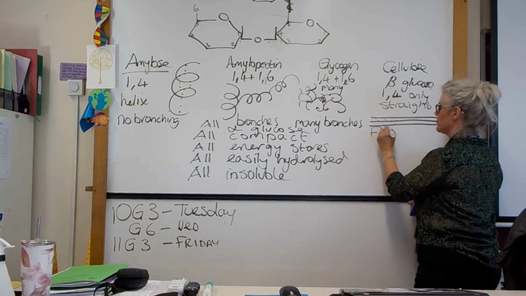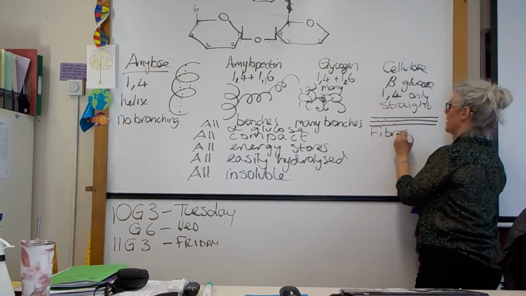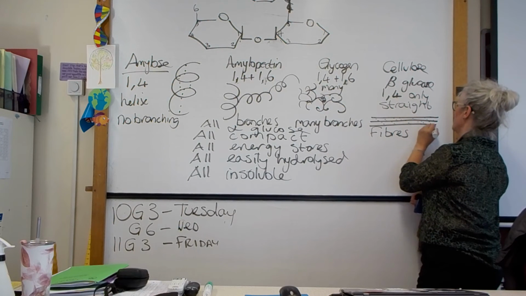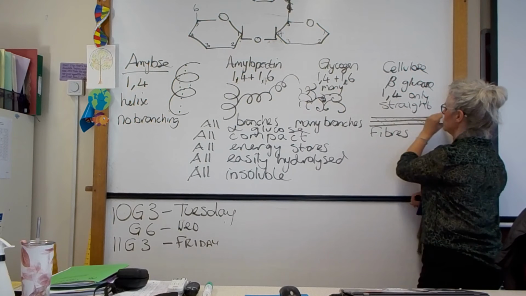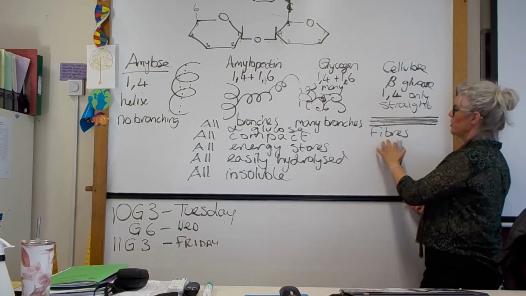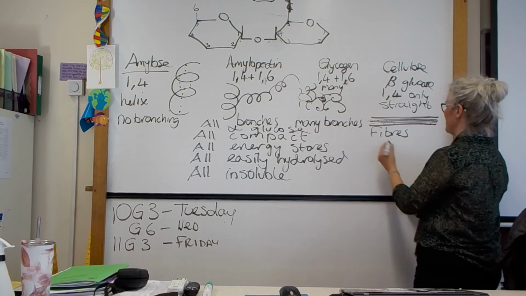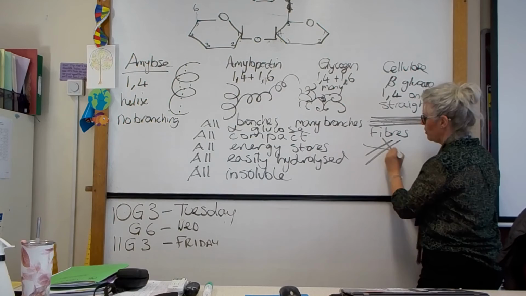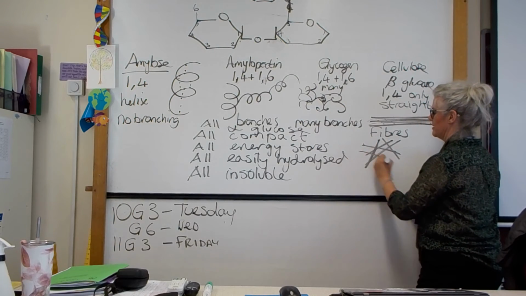So it forms fibres. And then once you get those microfibrils and macrofibrils all lining up next to each other, on top of each other, hydrogen bonded to each other, you get these cellulose fibres. And then those cellulose fibres are laid down, crisscrossed over each other in the cell wall.